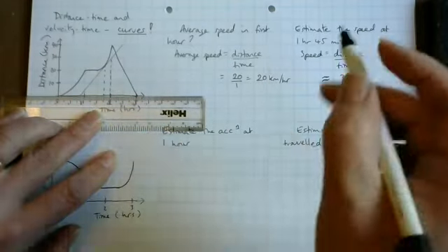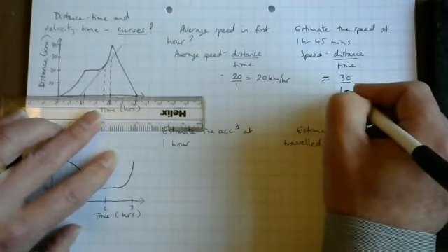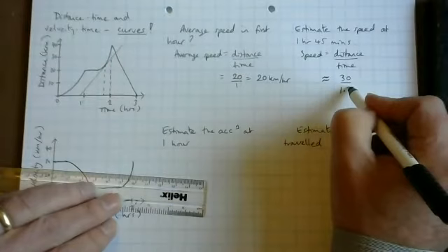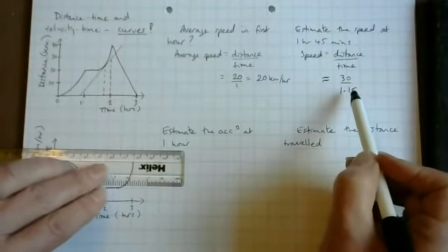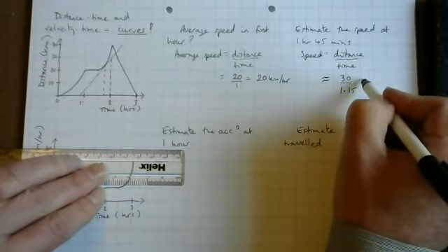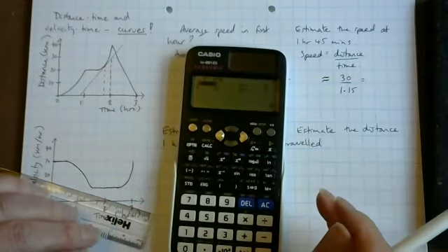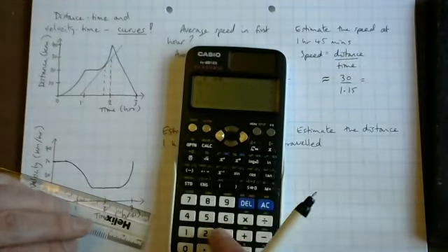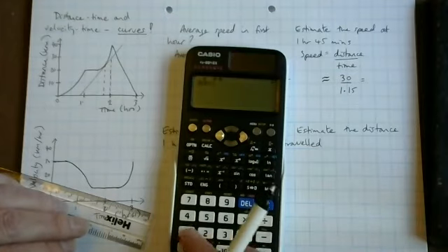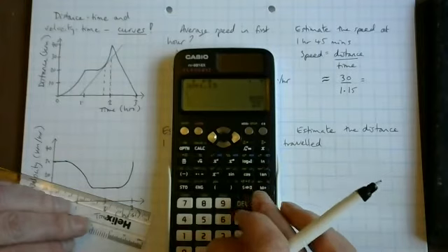And that's 0.3. 1.5. So 30 over 1.15, which equals 30 divided by 1.15 equals 600 over 23.